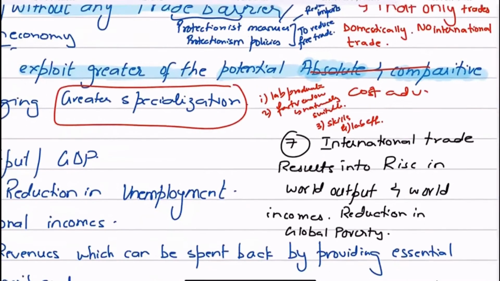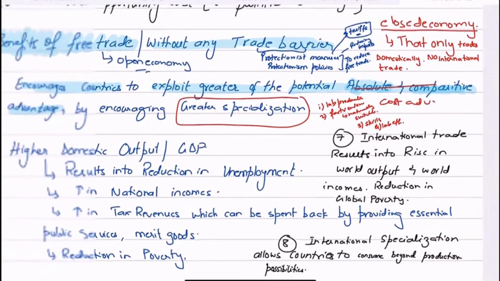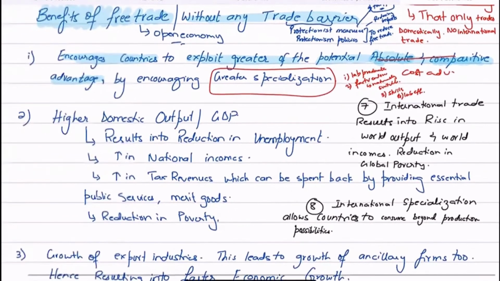Because of this, countries can now exploit greater of their cost advantage. When they exploit their cost advantages, they make better use of it. So it's also related to efficient resource allocation. If countries have a cost advantage and are not exploiting it, that represents an inefficient allocation of resources, wastage of resources.